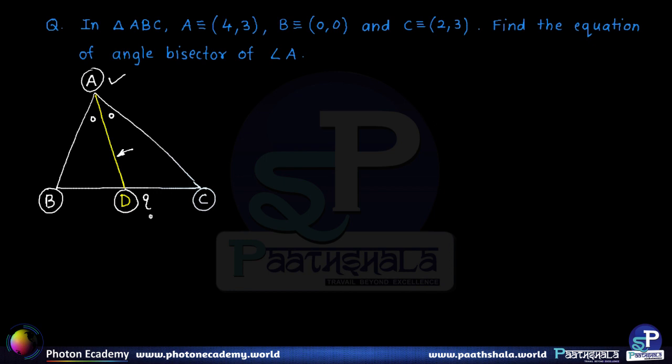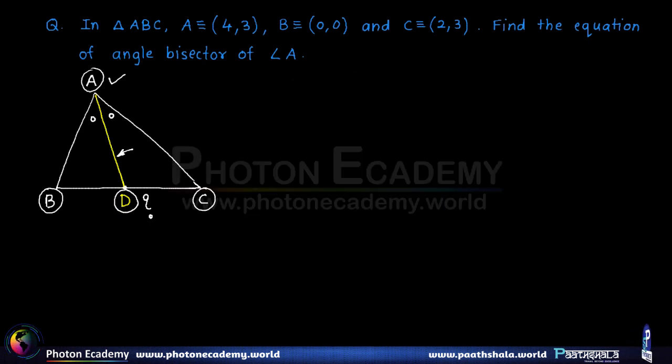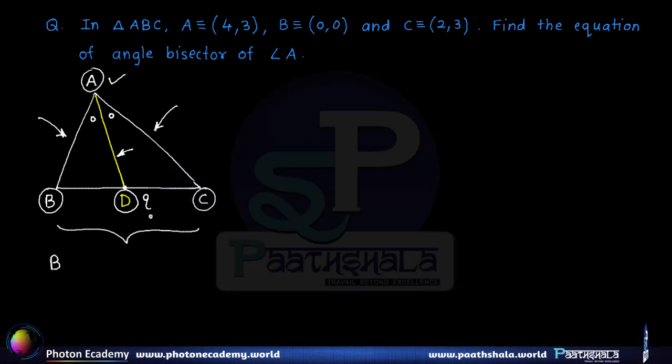Right? Now this is where we have to recollect one property. Probably you might have studied it in school geometry, that the point D as shown here, the point where the angle bisector meets the opposite side, divides that side in the ratio of the remaining two sides. So what it means is, here in this case, BD is to DC, right?